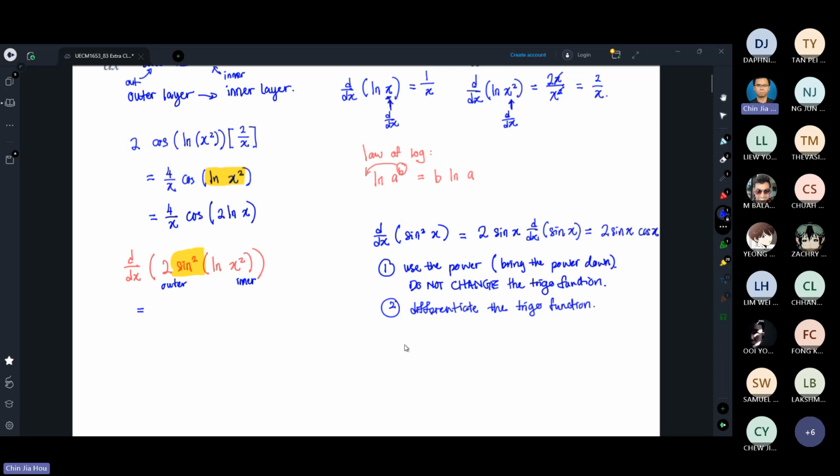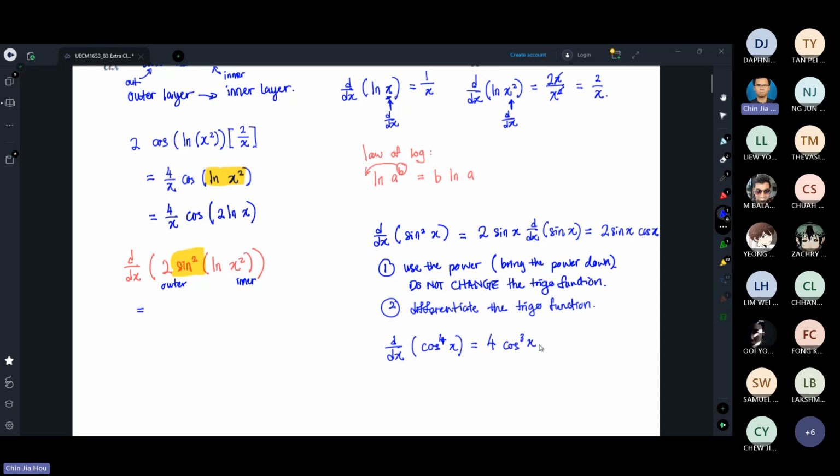Now, let me give you another example. What if we want to differentiate, let's say, cos to the power of 4 x? Then we use the power rule. We take the power down, 4, reduce the power by 1. So we have cos cube x.